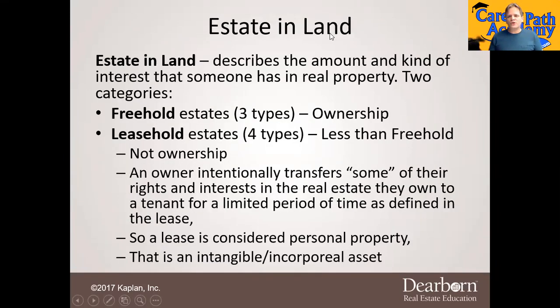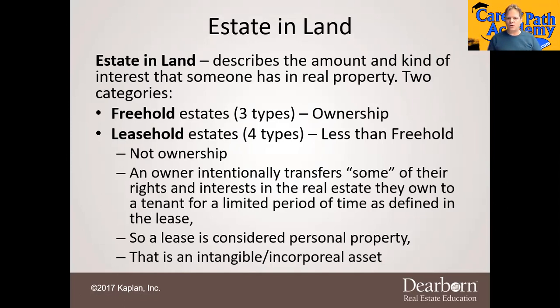So when we talked about the estates in land, an estate in land, what is that? You should have it on your definition list. It describes the amount and kind of interest that someone has in real property, and there's 2 categories of estates in land. We have freehold estates, which describe the category of ownership. There's 3 types: the fee simple, fee determinable, and a life estate. And then we have 4 types of leasehold estates, which we're going to go over right now.